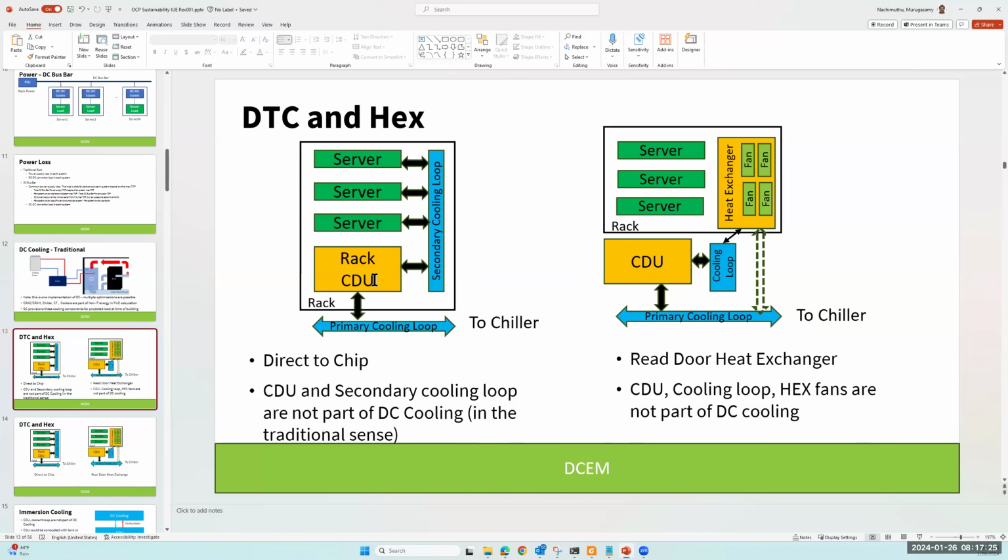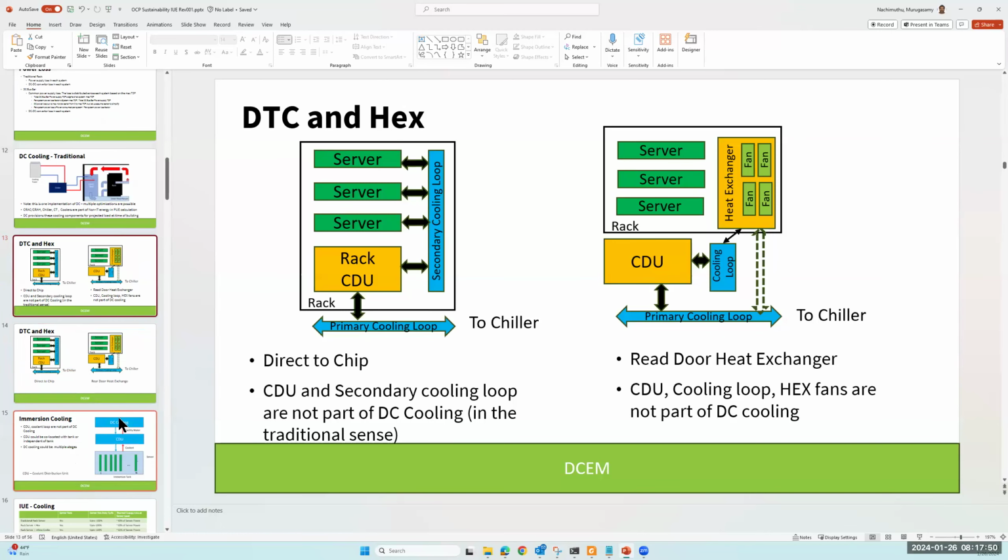You can have a per-rack CDU. Or in this case, you have fans within the servers, and also CDUs outside, taking the power out of it. I think both are the same.